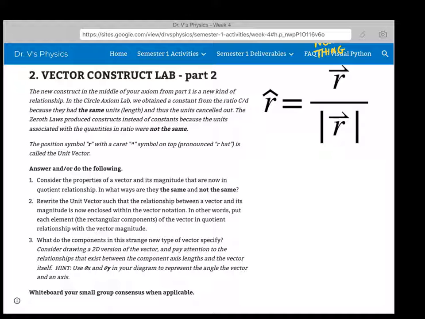Guess what you learned in your trig or your pre-calc course? You learned how to do components of vectors. The x component of a vector would be the length times the cosine of the angle between them. The y component would be the length of that vector times the sine of the angle between them, etc., etc.